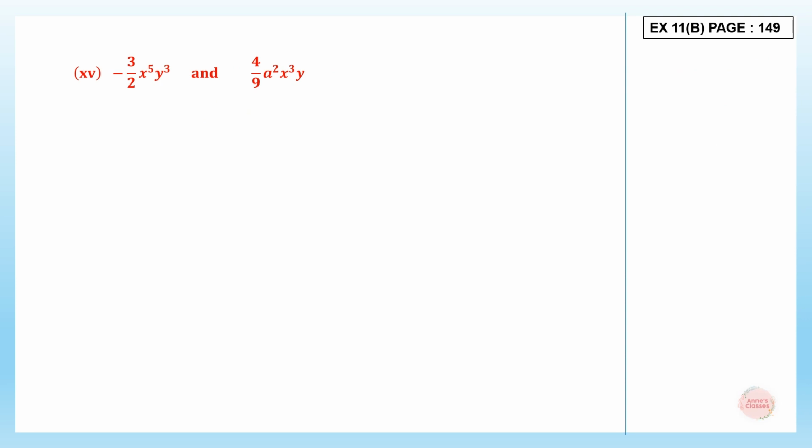15th one. Here again we have fractions. Now let's multiply this carefully. So let's begin with first writing out the question properly. Minus 3 by 2 x to the power of 5 y cubed into 4 by 9 a square x cube and y. Now go very slowly. Now first let's take only the numbers.